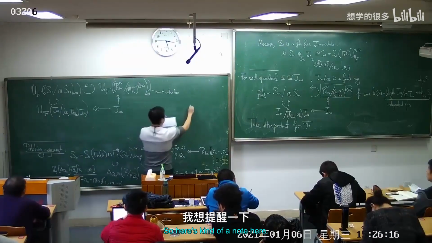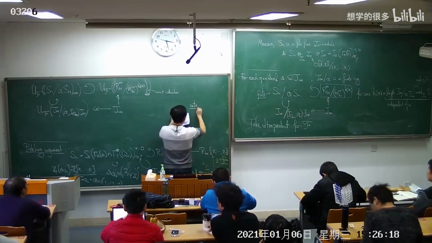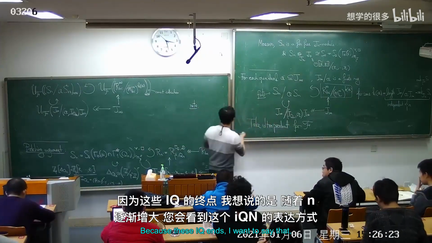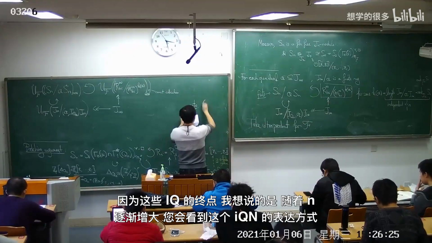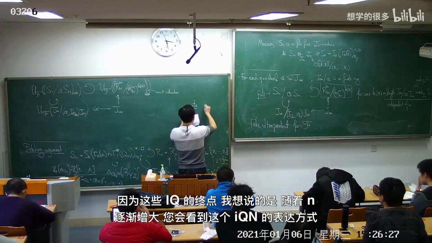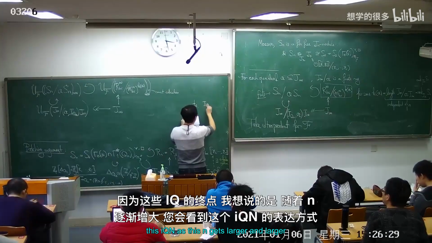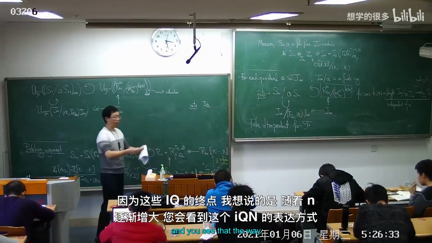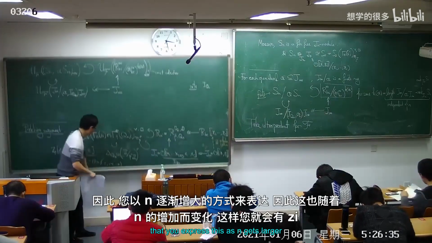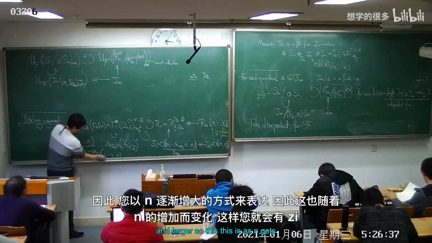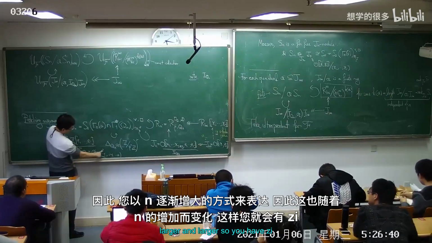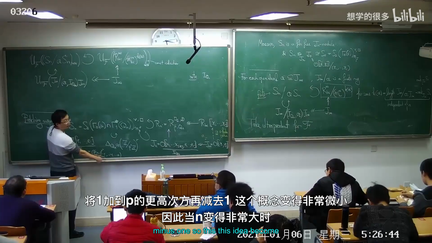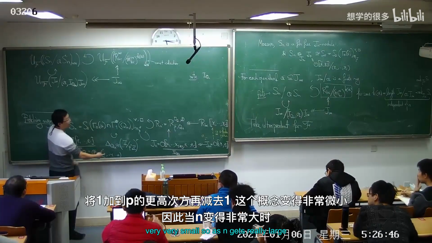Here's a note, because these are I_Q_n. As n gets larger and larger, the way you express this is z_i plus 1 to the p to the higher and higher power minus 1, so this ideal becomes very, very small.